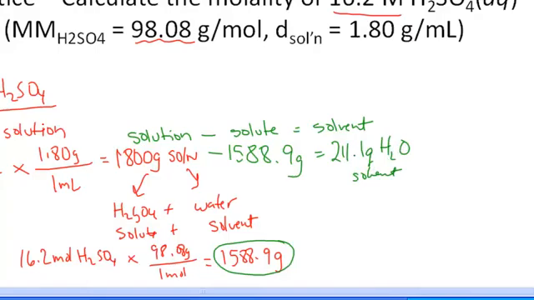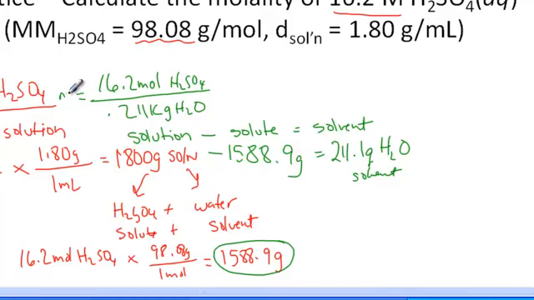When I made my solution, 16.2 moles of acid per liter of solution, that was the same as saying I took 16.2 moles of the aqueous acid and I put that into 0.211 kilograms of water.